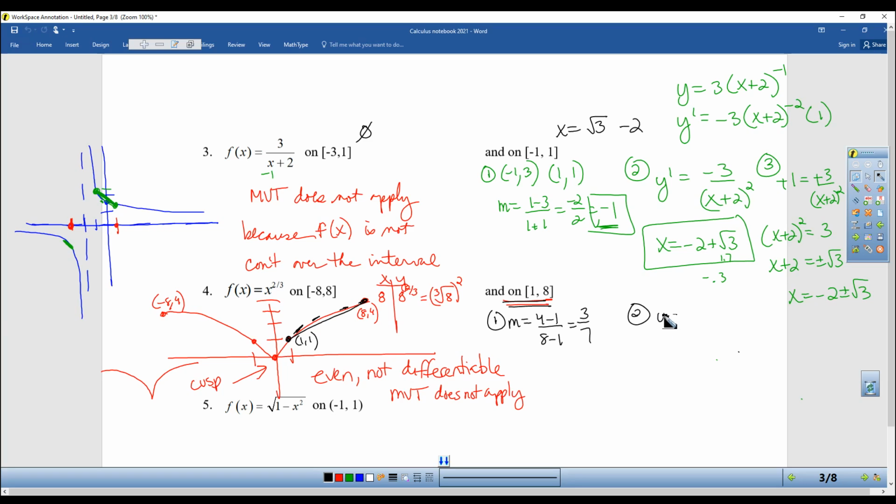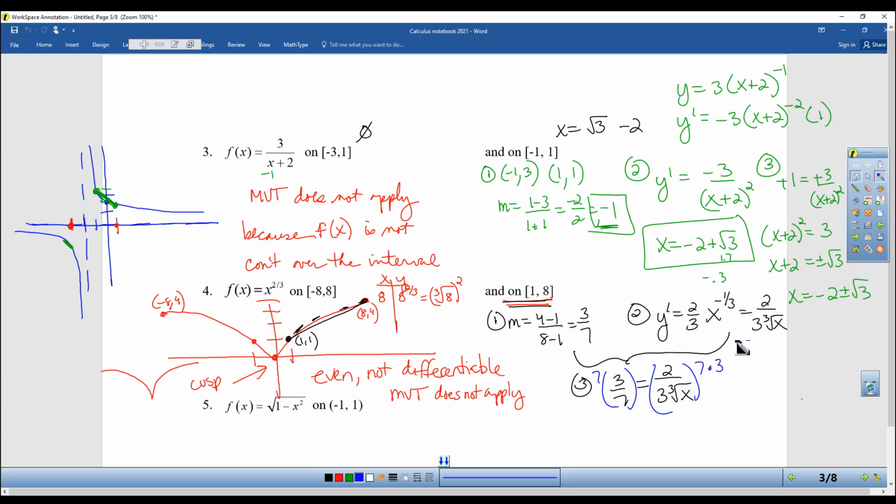So the derivative is 2/3 x to the negative 1/3, which is 2 over 3 cube roots of x. So I'm going to set them equal to each other for my step 3. 3 over 7 is equal to 2 over 3 cube roots of x. I'm going to clear my fraction by multiplying both sides by the 7 and both sides by the 3x to the 1/3.